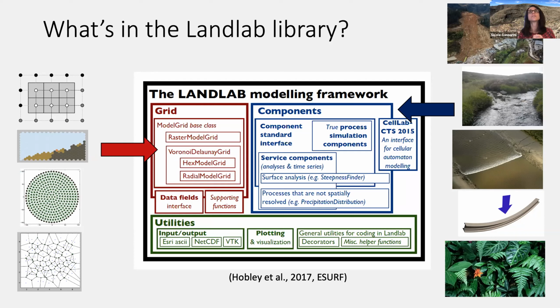So if you look at this slide right here in the upper left, you see a raster grid. Lots of us are very familiar with raster grids. But what if you have point well data or point observations of rock type from the field? Those are usually irregularly distributed, and you can put that kind of data into Landlab and make irregular grids.